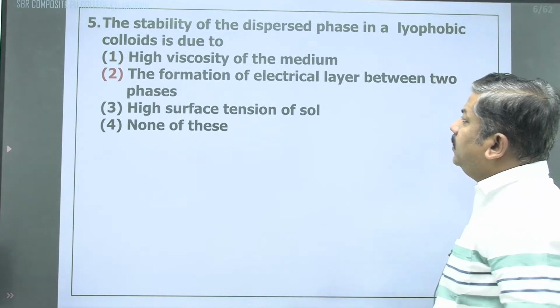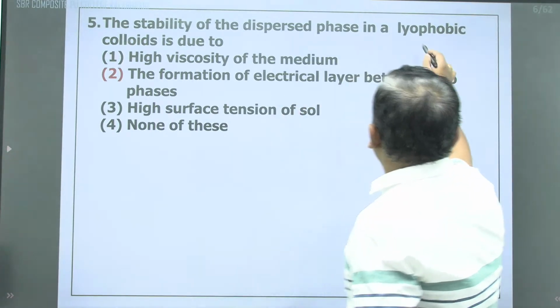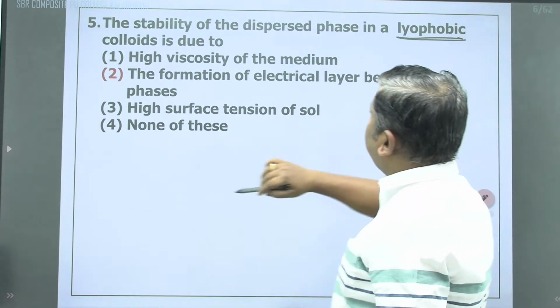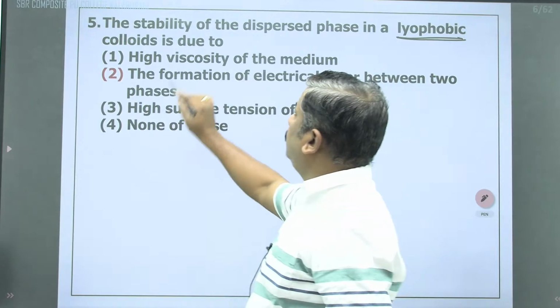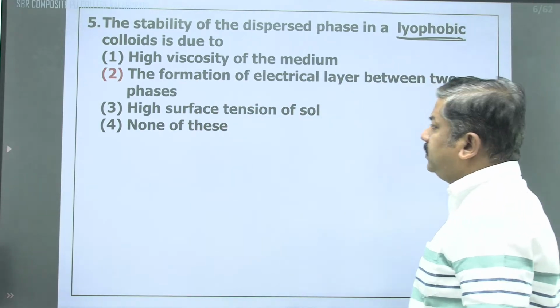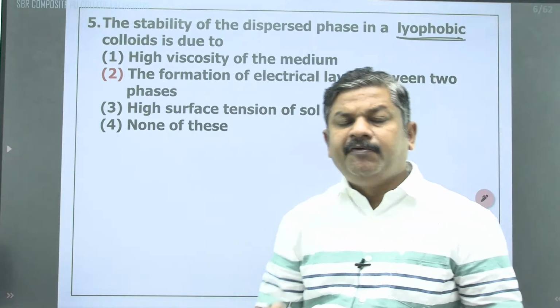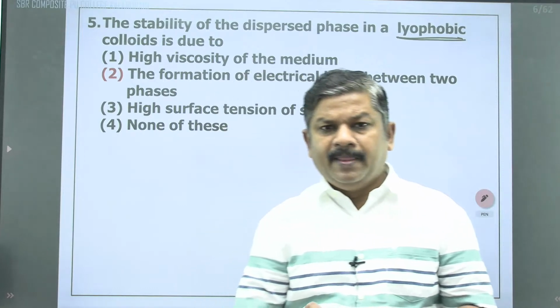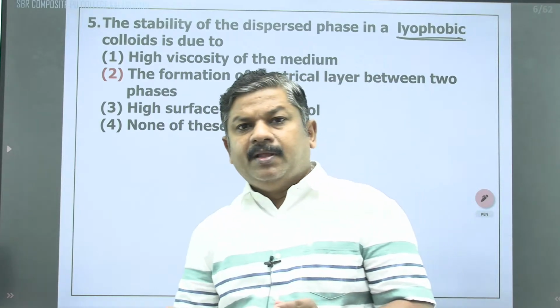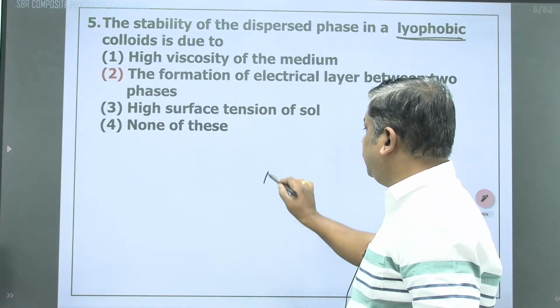Question number 5. The stability of the dispersed phase in a lyophobic colloid is due to high viscosity of the medium, formation of an electrical layer between the two phases, high surface tension, or none of these. In a lyophobic colloid, we observe preferential adsorption of ions on the surface of the particles.